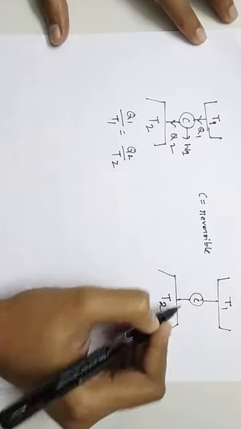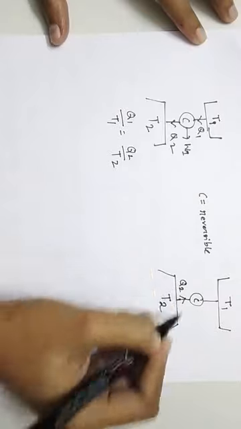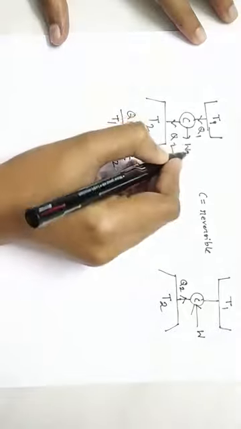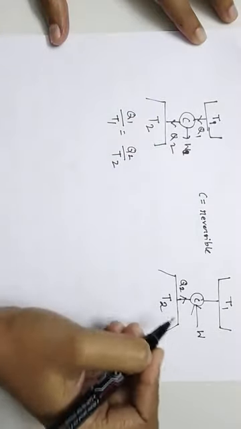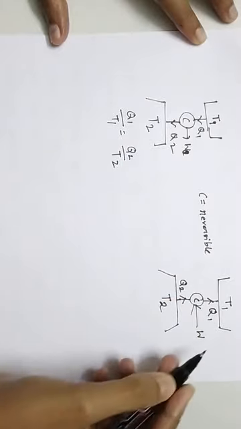When it does the reverse process, it will absorb an amount of heat Q2 from T2, some W amount of work is done on it, and then it will reject an amount of heat Q1 to T1.